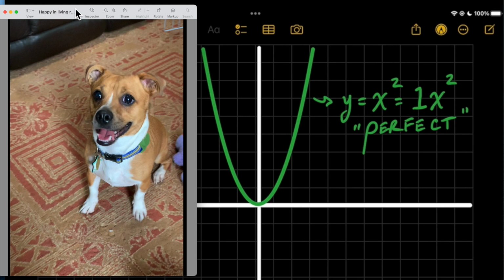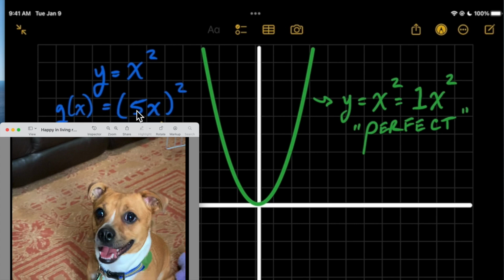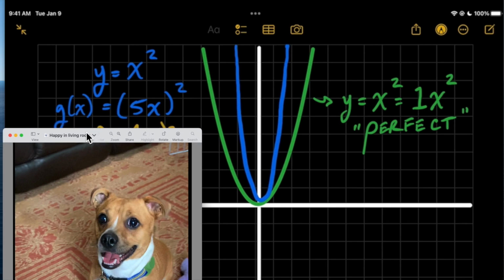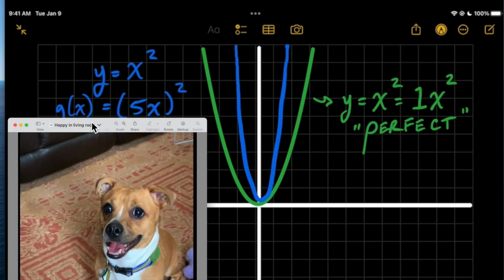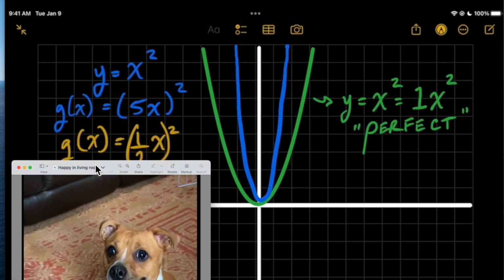Now, suppose all of a sudden this dog gets motivated and starts running 5 miles a day. That dog is going to get thinner. So this is going to be the parabola that represents 5 miles a day. Thin. Now, suppose the dog is so tired of running that he decides, I'm not only going to drop down from 5 miles a day, I'm not even going to run 1 mile a day.